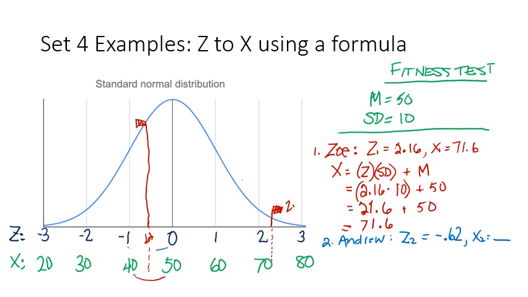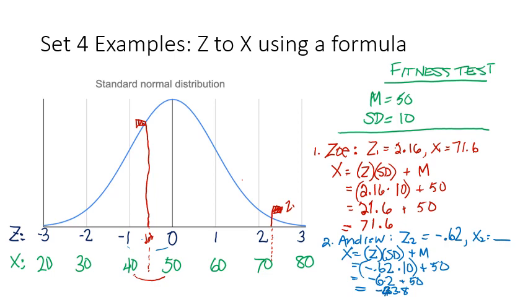So we know the formula for X equals Z times standard deviation plus M equals -0.62 times 10 plus 50 equals -6.2 plus 50, and that equals 43.8.